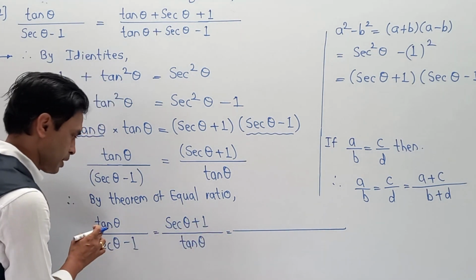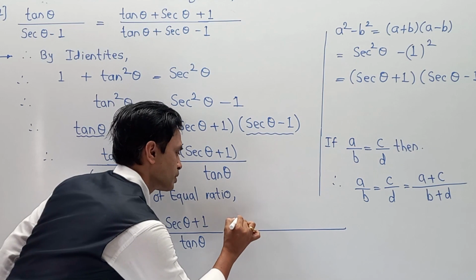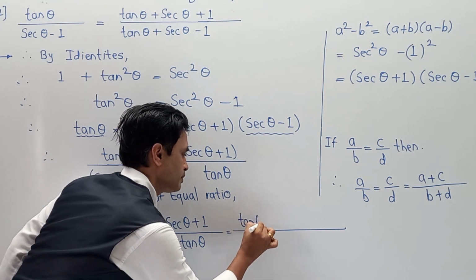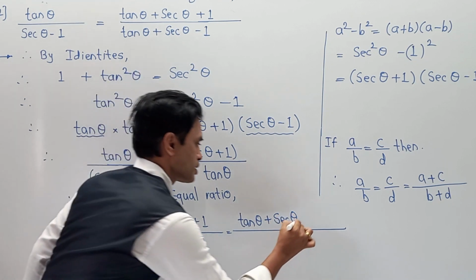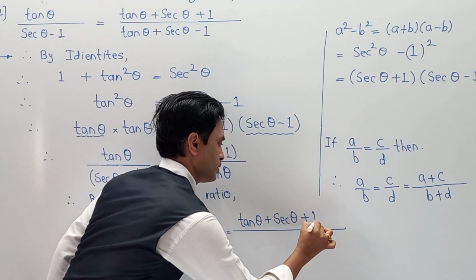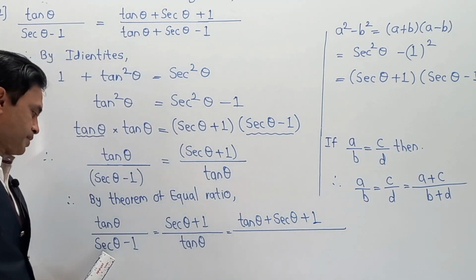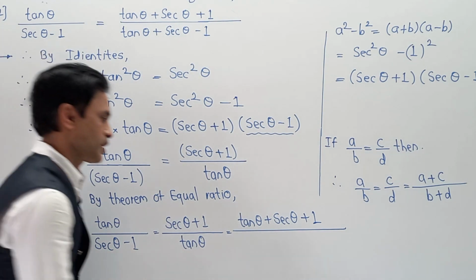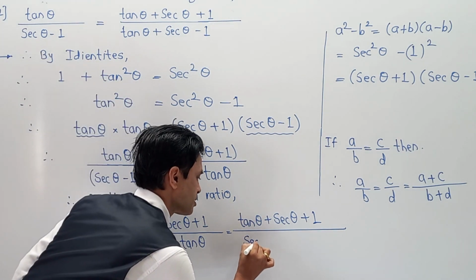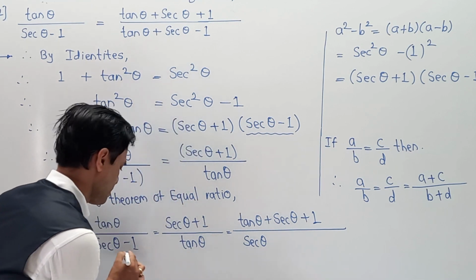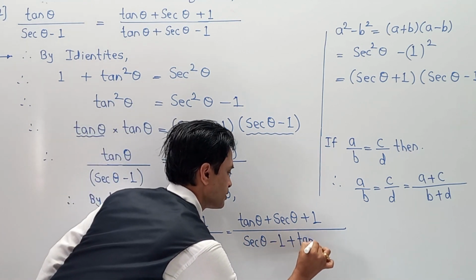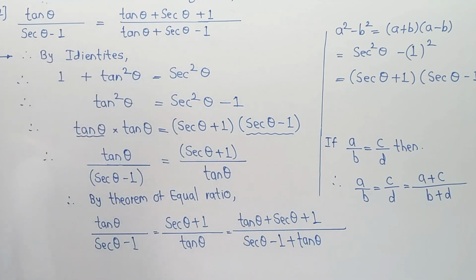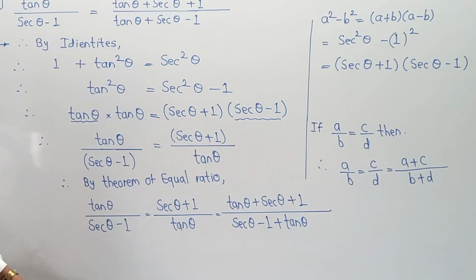So all upper part, tan theta plus sec theta plus 1, total divided by sec theta minus 1 plus tan theta, sec theta minus 1 plus tan theta.